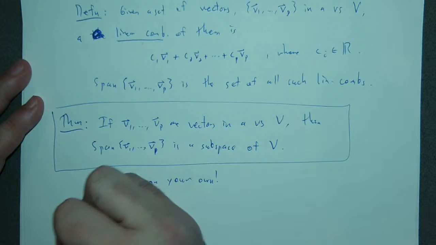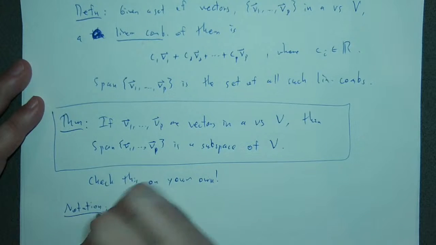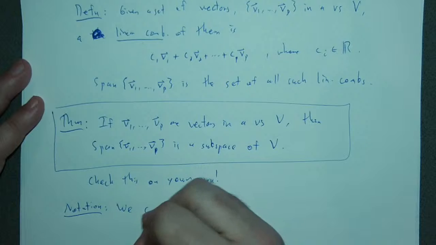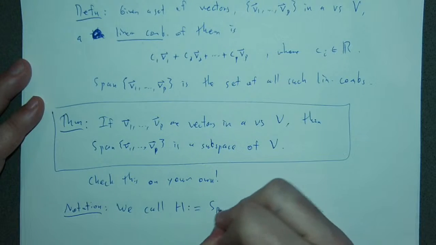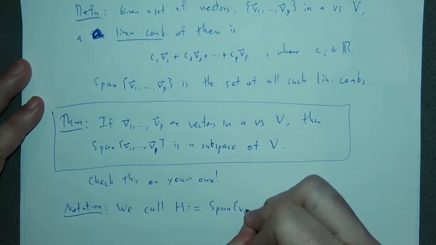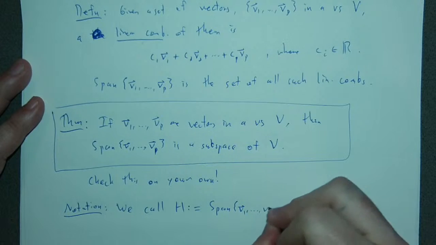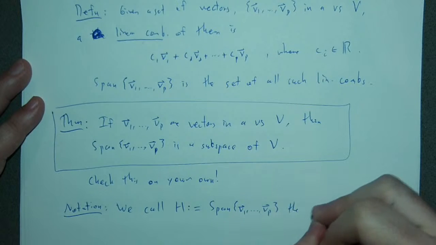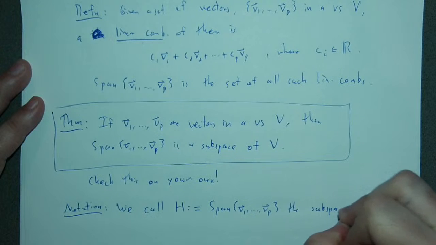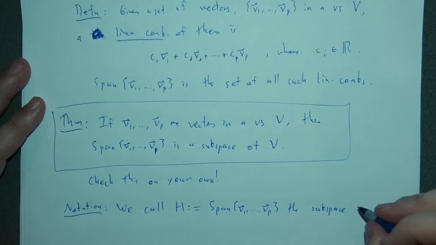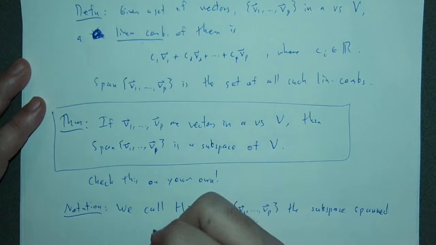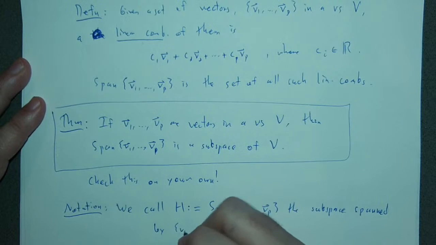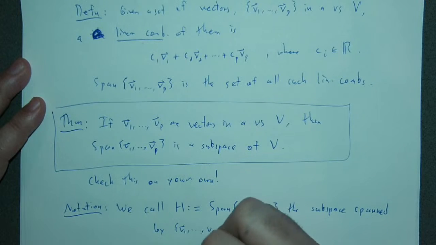Here is some terminology. We call H, which is the span of a list of vectors, the subspace of V spanned by the vectors v1 to vp.